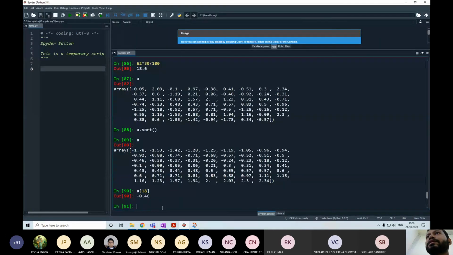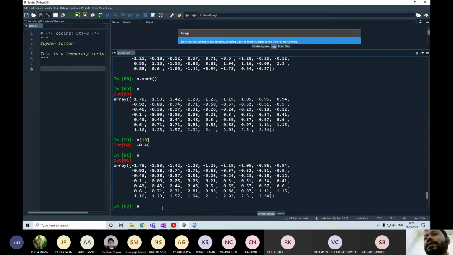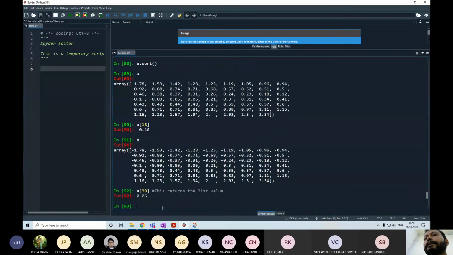So for example here, so this is my a. The 31st value is indexed by 30. So this returns the 31st value. Okay, and a[31], right? This will return the 32nd value.